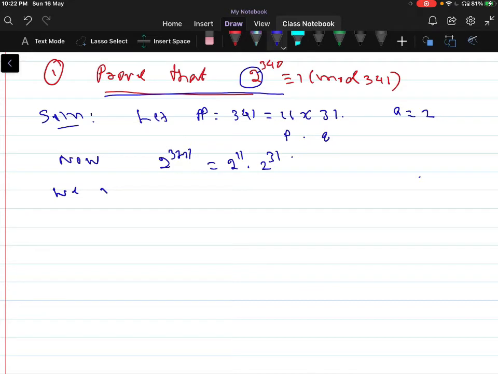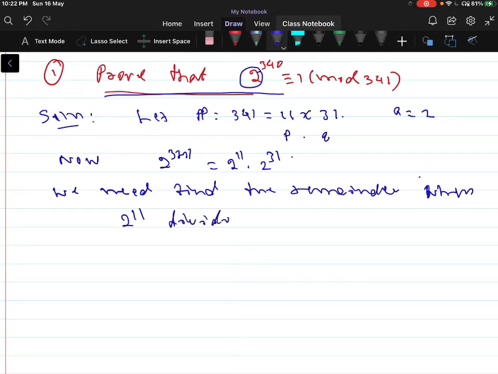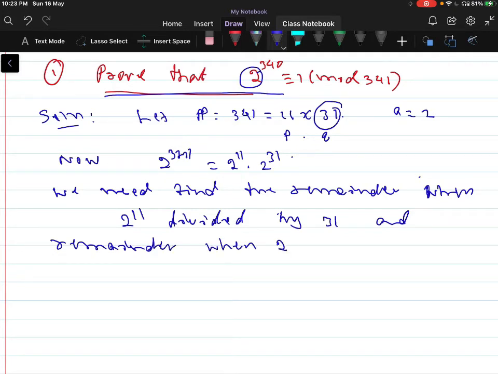So now we need to find the remainder when 2 power 11 is divided by 31, and we have to find the remainder when 2 power 31 is divided by 11.